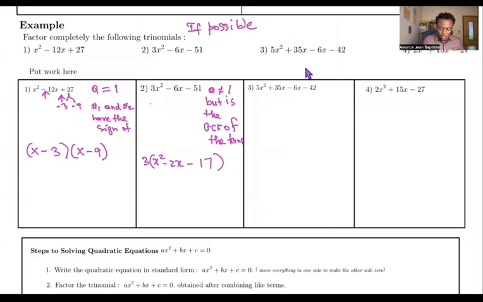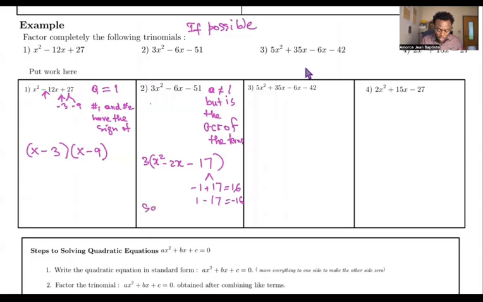So since 17 is prime, you won't be able to find two factors of negative 17 that will add up to negative 2. The only pairs of factors of negative 17 are negative 1 and 17, or 1 and negative 17. And when you add them, it won't give you negative 2. Negative 1 and 17, the sum is 16. And 1 and negative 17, the sum is negative 16.